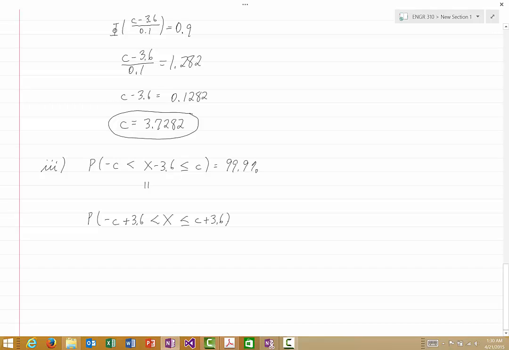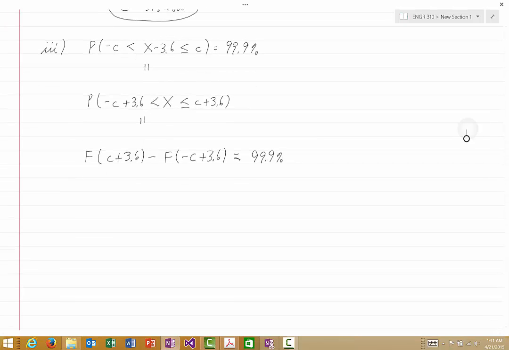And now that we have this in terms of x rather than x minus 3.6, we can observe that this is equal to capital F of (c plus 3.6) minus capital F of (minus c plus 3.6). And remember, on the right-hand side, that's equal to 99.9%.